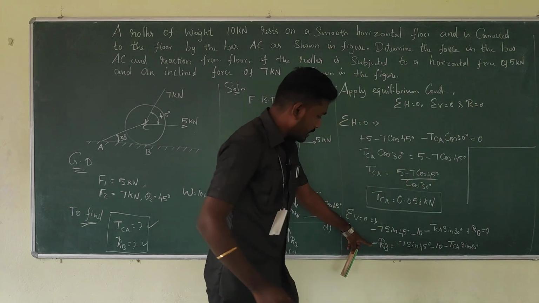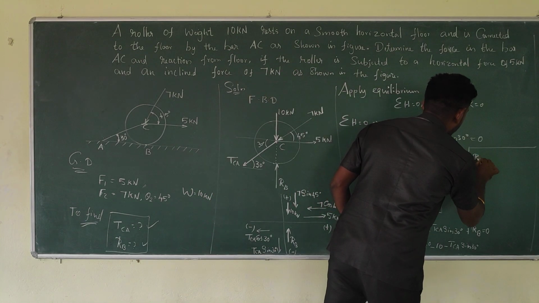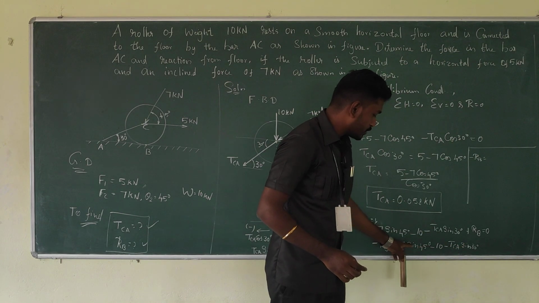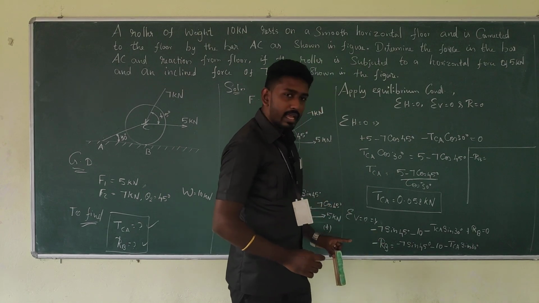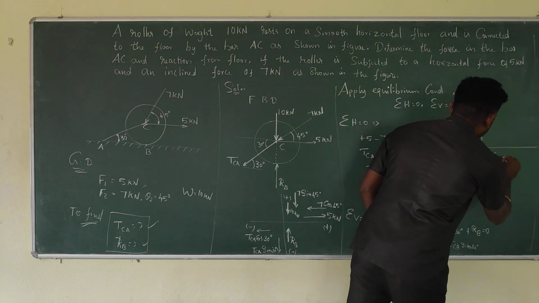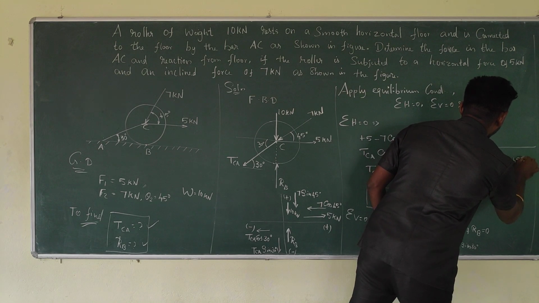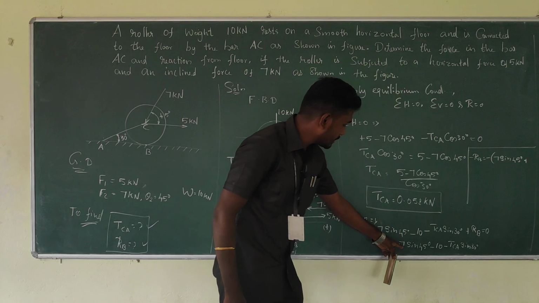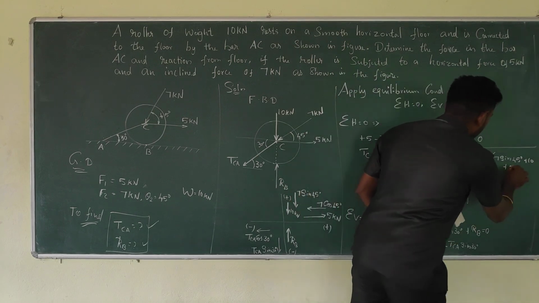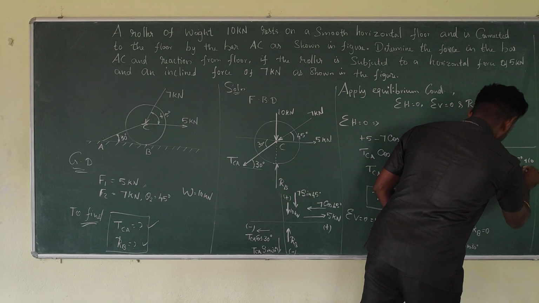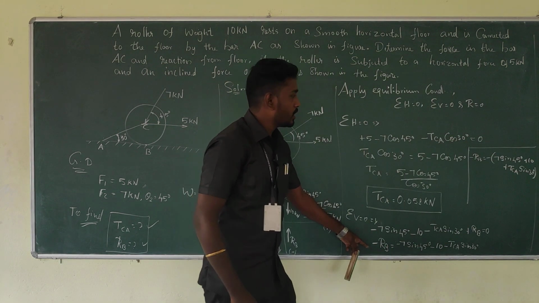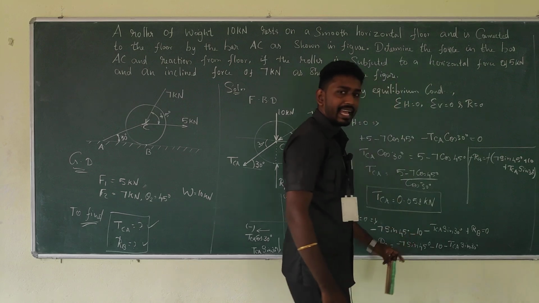Here all the force values are minus, so we can take the minus common. So it becomes 7 sine 45 degree plus 10 plus TCA sine 30 degree. This is the simplification of this step, so that this minus and minus get cancelled.